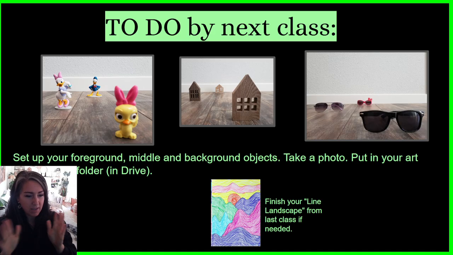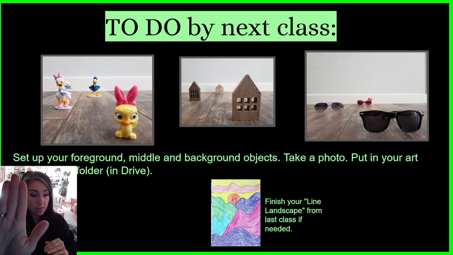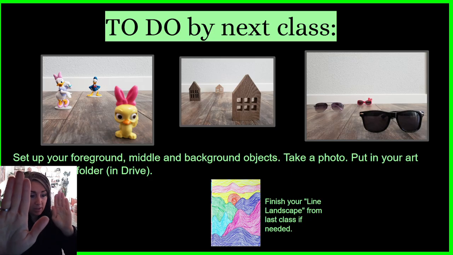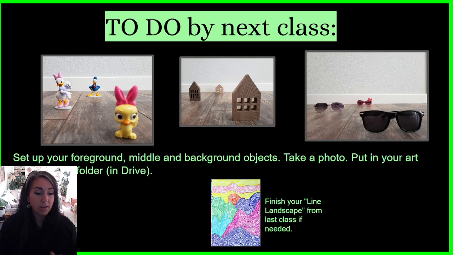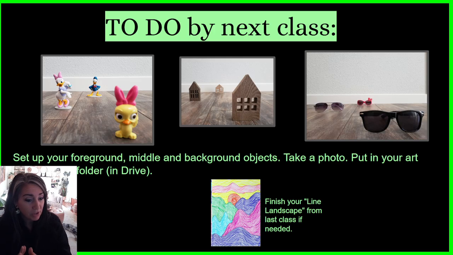So you want to stagger them a little bit like we're seeing in the photos here, putting one closer up, one in the middle, and one in the back. We want to show that you're understanding that concept of foreground, middle ground, and background. Take a photo of it, put it in your art folder for sure. Or if you want to, throw this into your art journal. That way you've got it there as well. A couple different spots doesn't hurt. So get that photo taken.